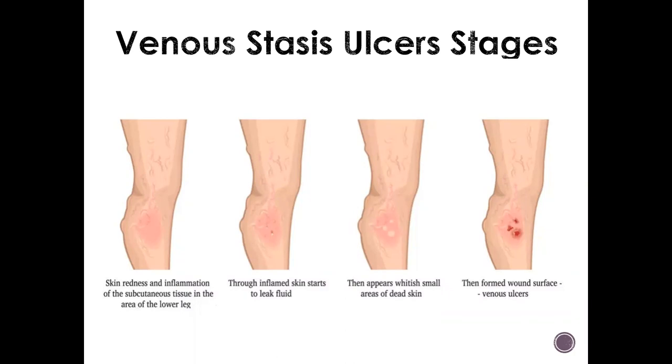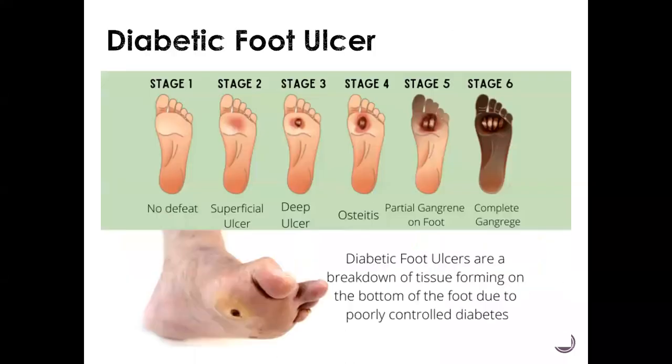Surrounding skin is reddened or brown and edematous. They're usually shallow. They have irregular wound margins. The wound bed appears ruddy or beefy and granular. Drainage may be moderate to heavy, depending on the amount of edema that's associated with it. Pain usually occurs with the leg dependent and during dressing changes.